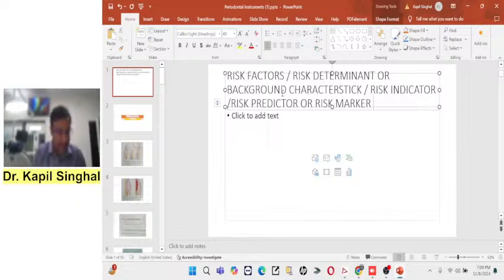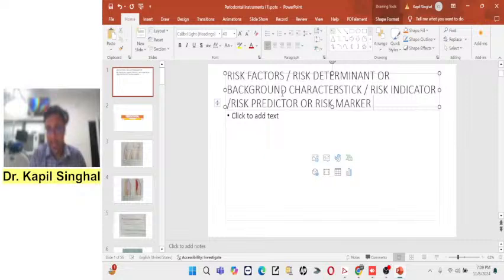So what is a risk factor? It is an environmental, behavioral, or biological factor which, when present, increases the likelihood of having a disease. Okay, so this is a risk factor.